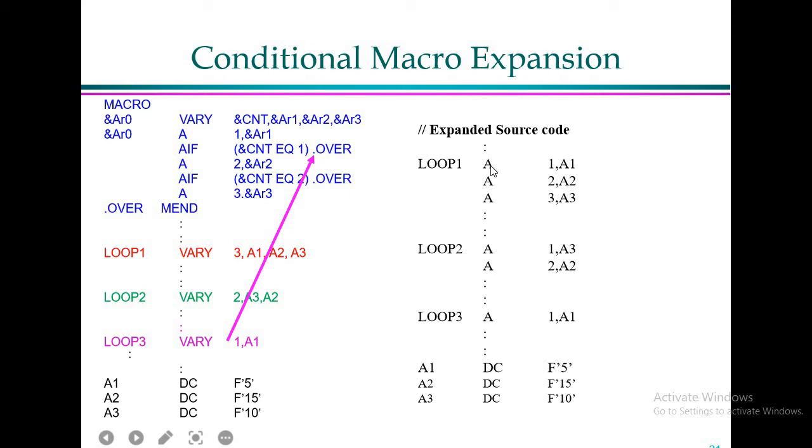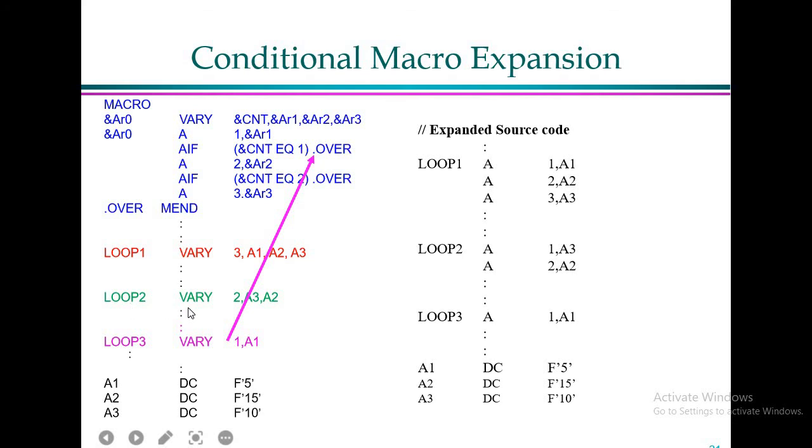Loop 1 contains A, so this is your loop. Okay, A1 comma AR1. So AR1 is nothing but your formal argument which you have to replace by the actual argument. So here 1 comma A1, 2 comma A2, 3 comma A3. So here is the expanded source code.